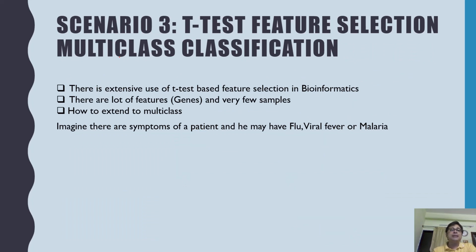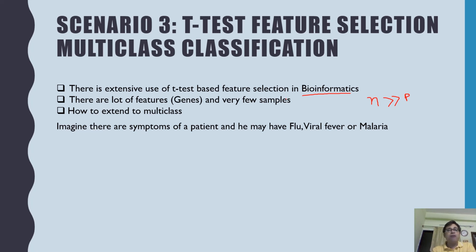Now, let's also discuss one of the application areas of the t-test. It turns out that in bioinformatics, the t-test is used a lot, and here the data is very different. Generally, the number of observations, given as n, is much more than the number of variables, given as p.